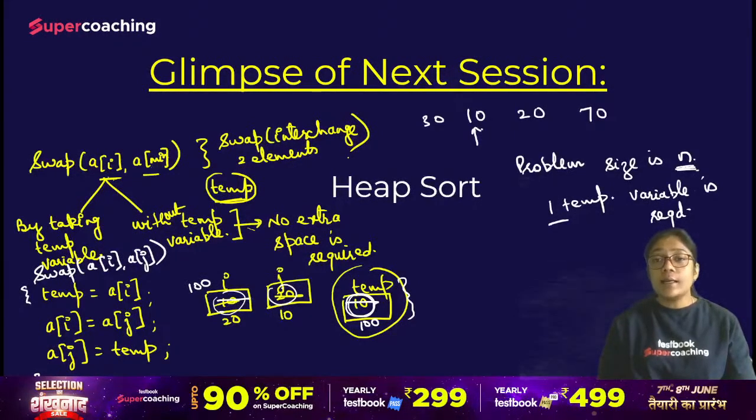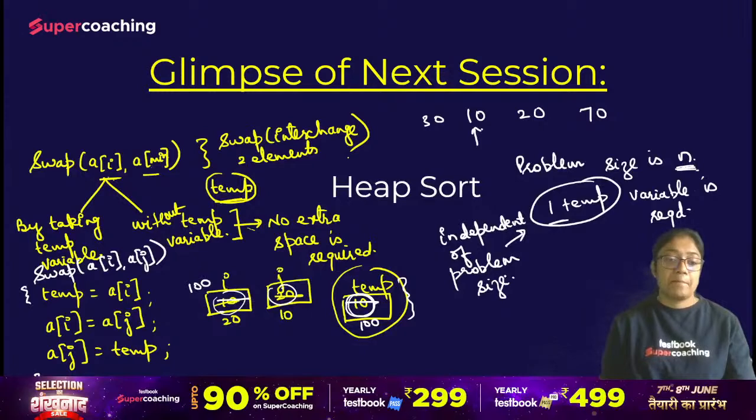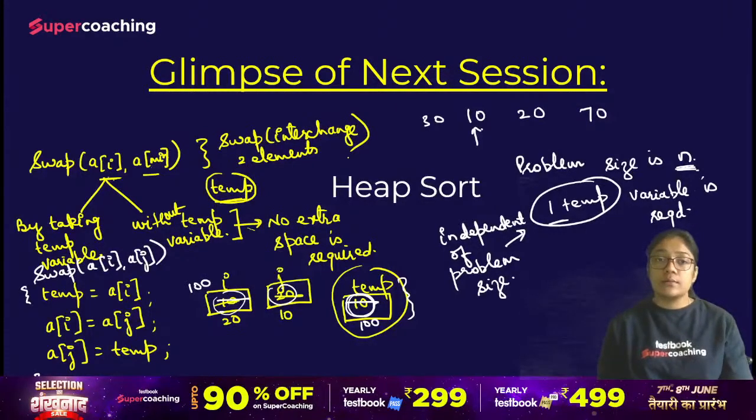So this means that it is independent of problem size. So what is the space complexity? That is constant. Make sense?